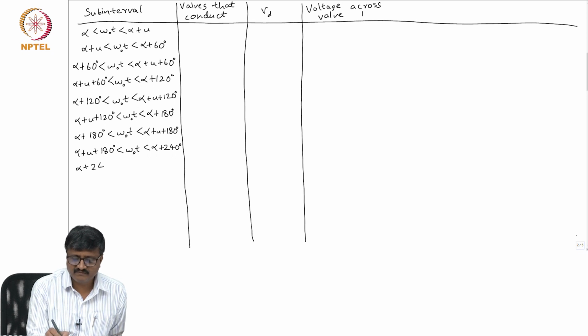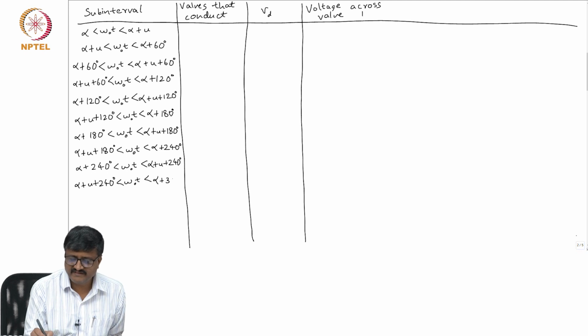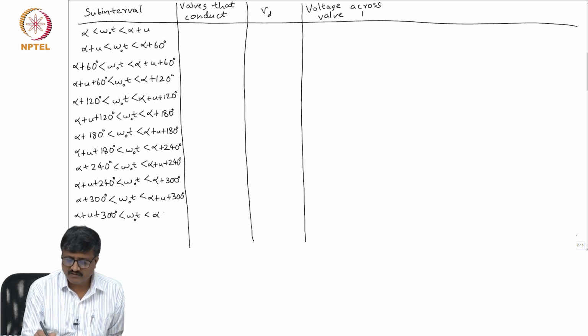Alpha plus 240 degrees to alpha plus u plus 240 degrees, alpha plus u plus 240 degrees to alpha plus 300 degrees, alpha plus 300 degrees to alpha plus u plus 300 degrees, then alpha plus u plus 300 degrees to alpha plus 360 degrees.